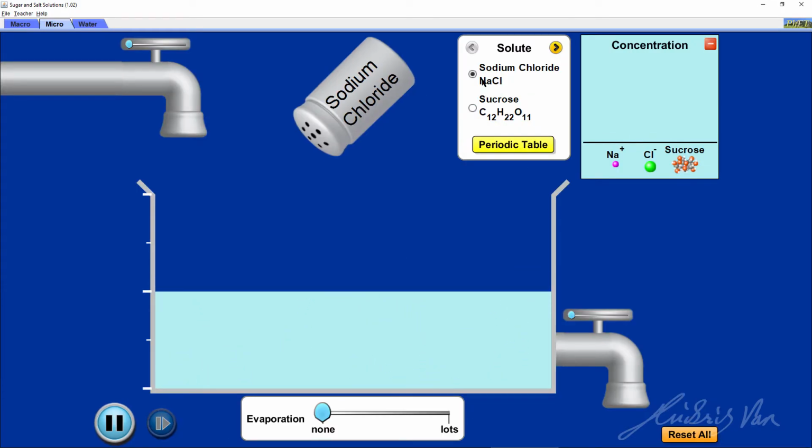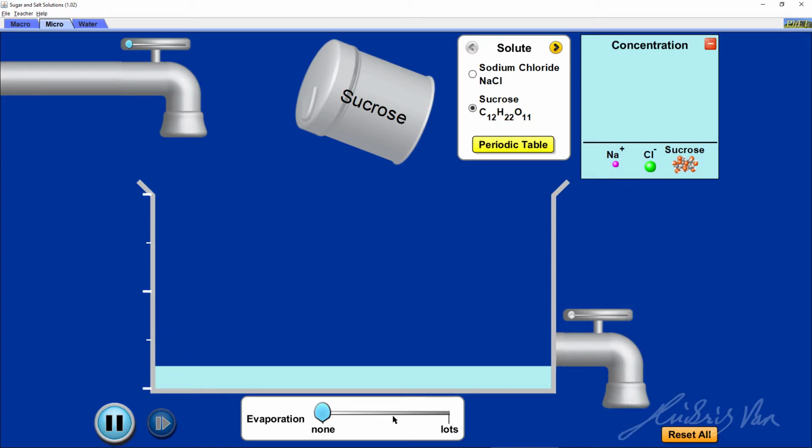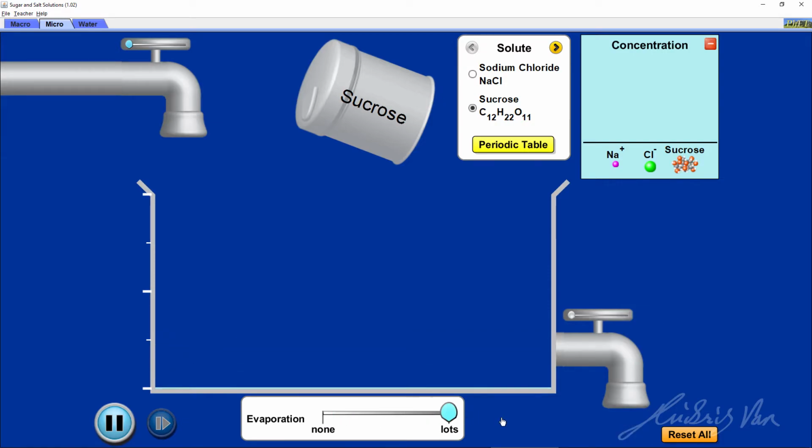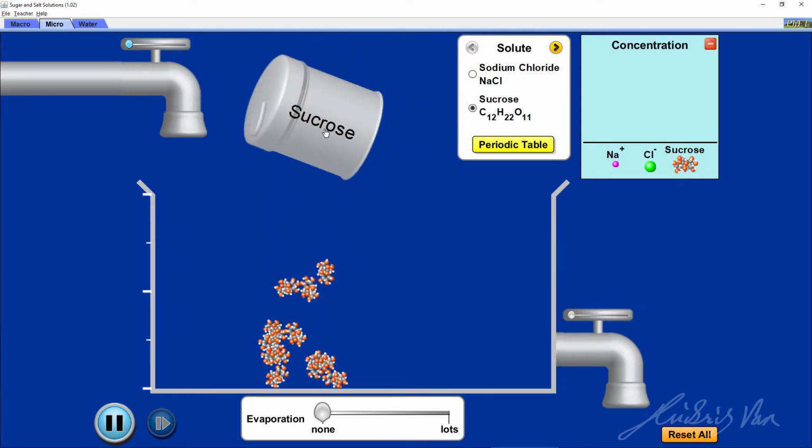So I'm going to reset the whole simulation, and instead of using sodium chloride, I'm going to use sucrose. Sucrose is actually your common sugar that you can purchase from any grocery store. One molecule of sucrose is made up of 12 carbon, 22 hydrogen, as well as 11 oxygen atoms.